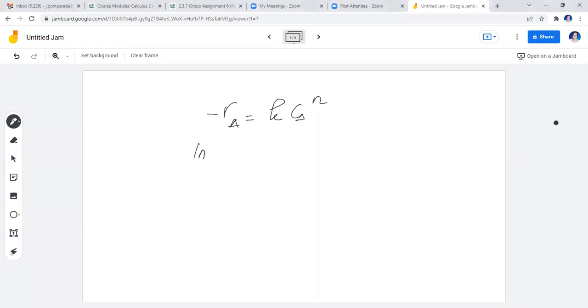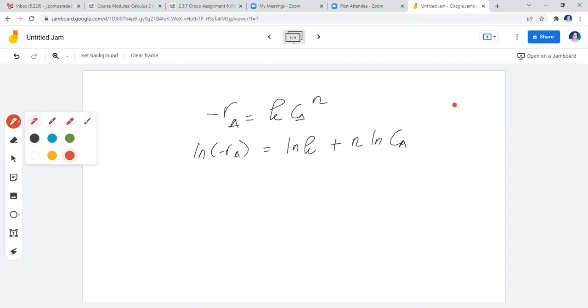So ln of the rate is the ln of K plus n ln of CA. This is comparable to an equation of a line, which I showed you when we were discussing kinetics. This is the y of the line, this is the x, this is the slope, and this is the y-intercept.